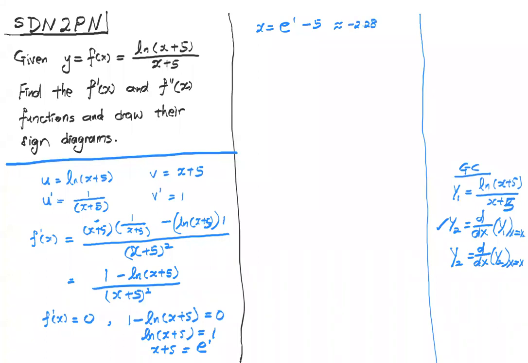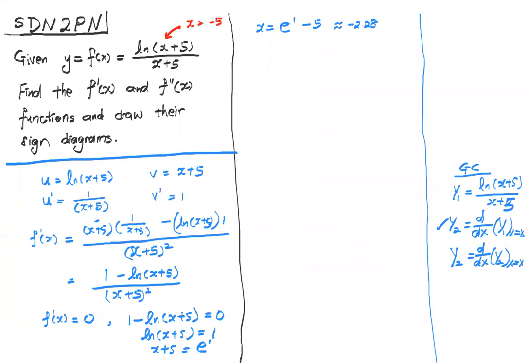Okay, so I'm going to draw the sign diagram. For this particular function, you have to be very careful because it involves ln. The moment it involves ln, I have to say that x must be greater than negative 5.